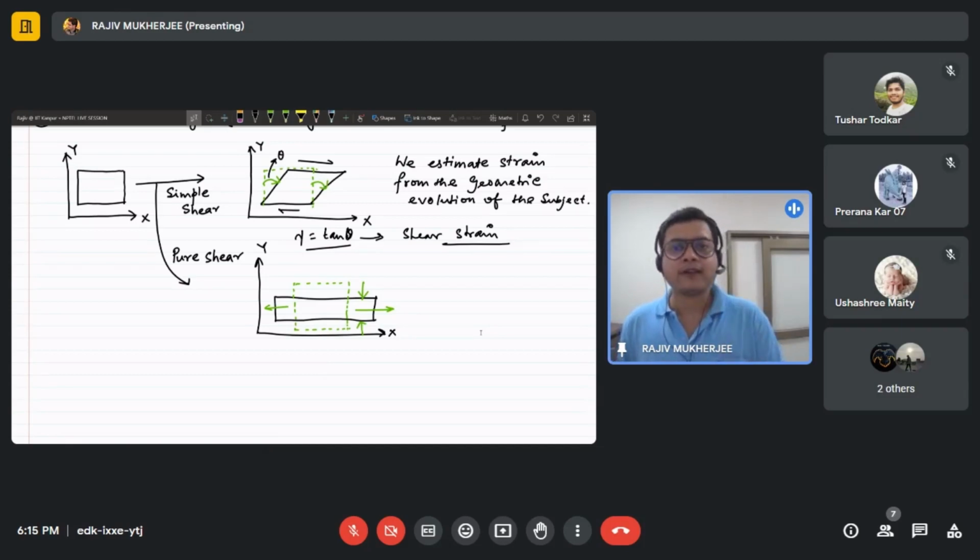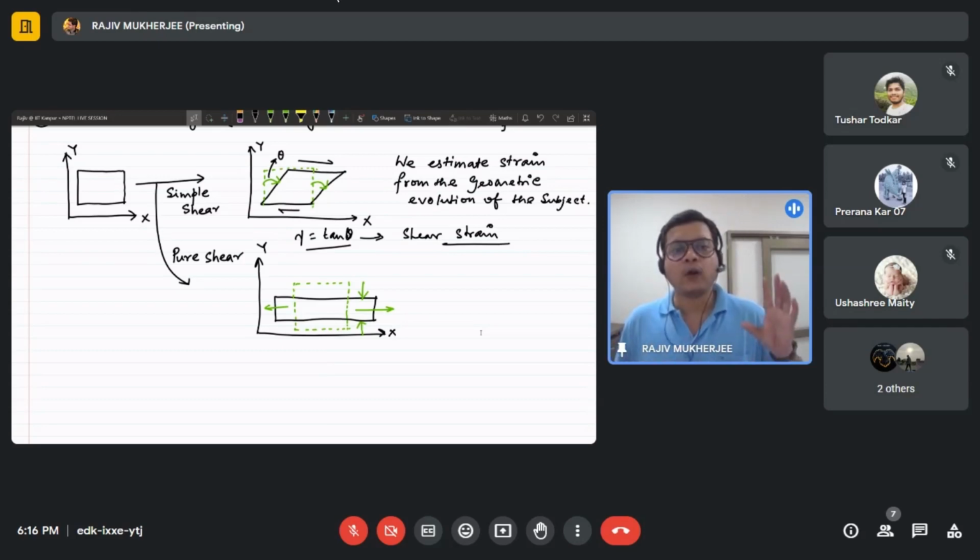But you never know how much stretch has taken place on that quartz ribbon unless you know what is the initial shape of the quartz grains that coagulated with each other, and then formed this ribbon through crystal plastic deformation mechanisms. So unless you have an idea of the initial shape of an object, you cannot comment whether the object has undergone pure shear or simple shear, and furthermore you cannot also comment how much strain that object has accommodated.